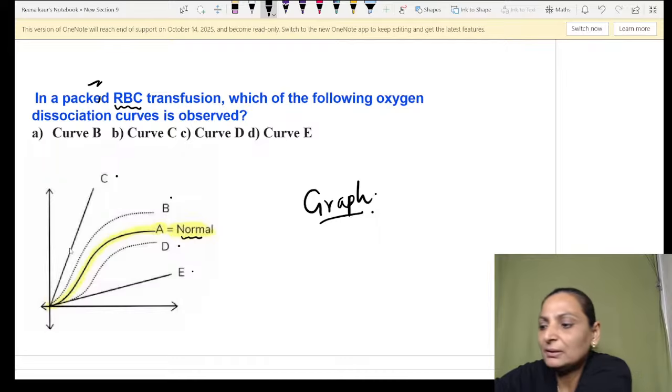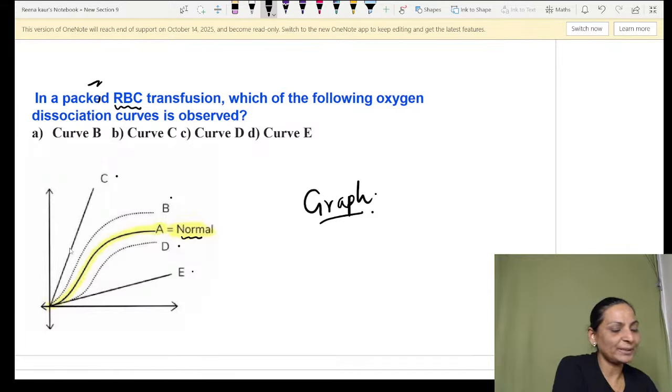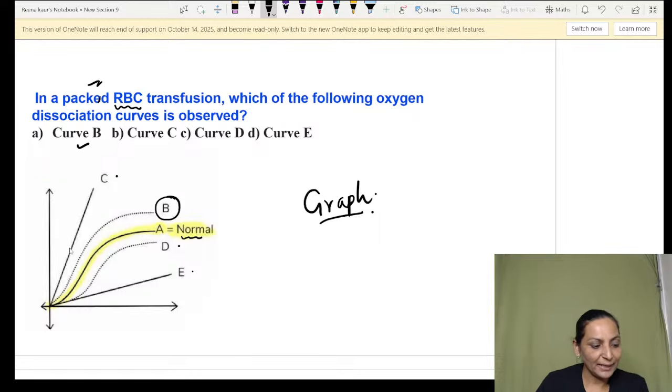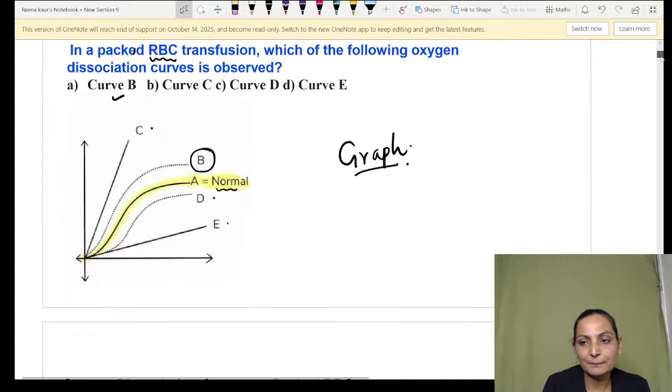Now you must understand what the changes are when the blood is packed and when the blood is being transfused. All these points should be into your consideration. So the correct answer for this is curve B. Now how do I justify that this is the correct answer?